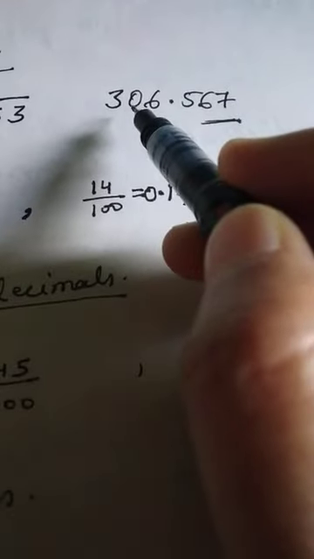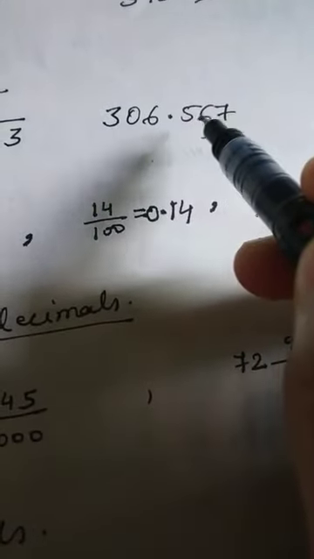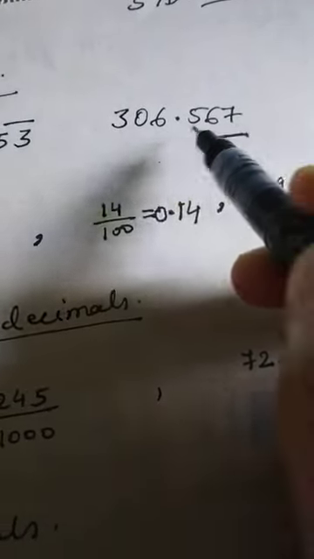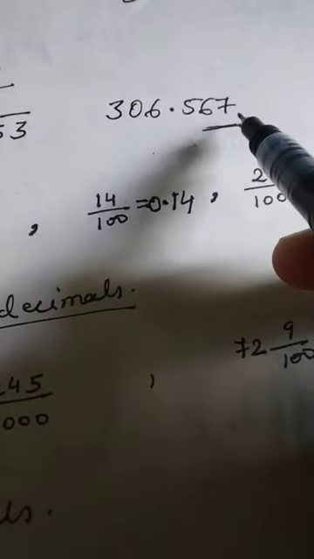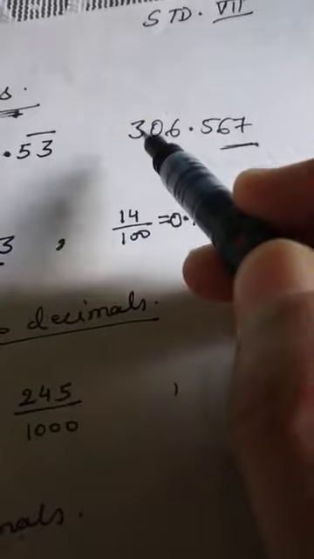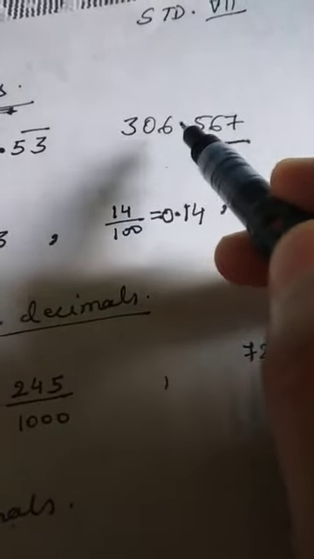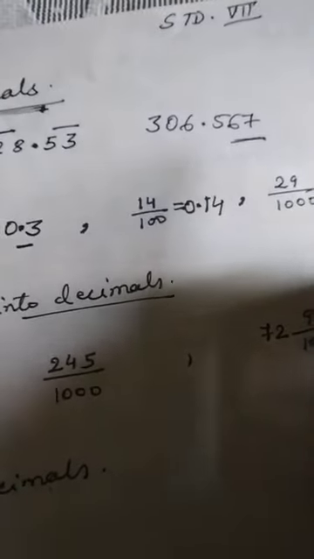Now let's see one more example of how you will read it: three hundred six point five six seven. Do not read it as three hundred six point five hundred sixty-seven. This is wrong because this is a decimal part. So read it like that. Got it?